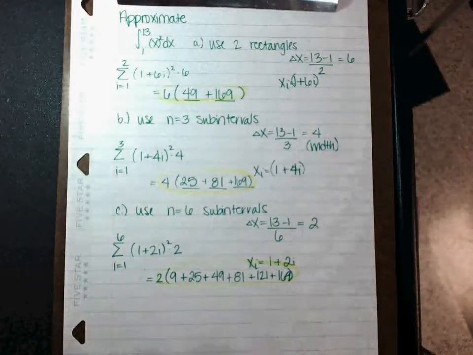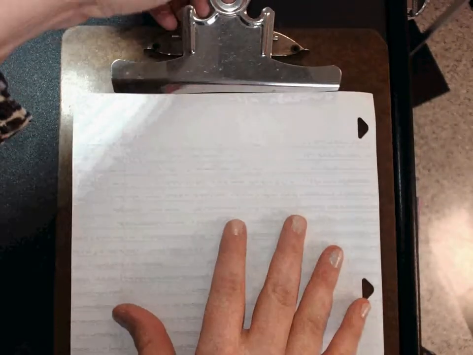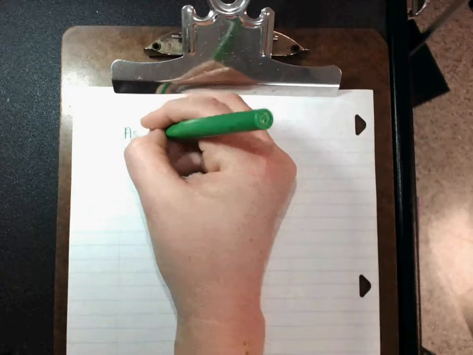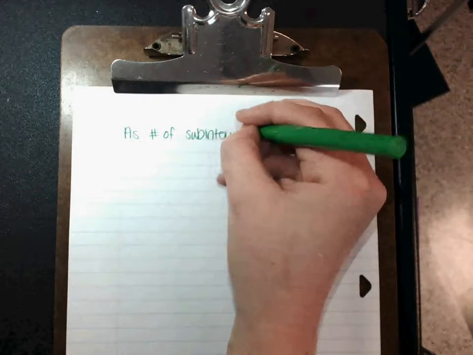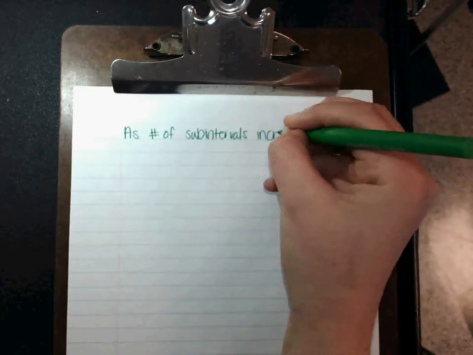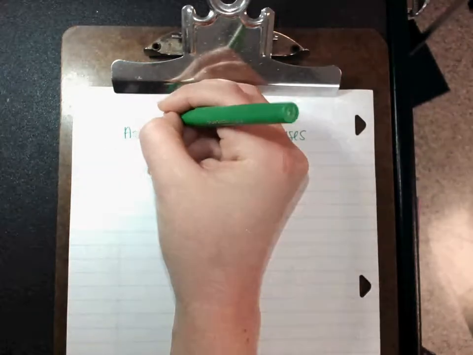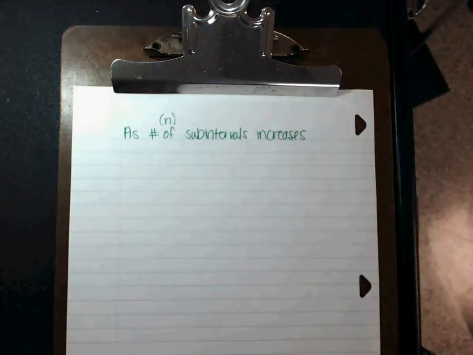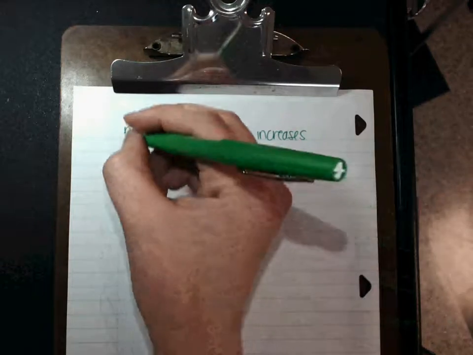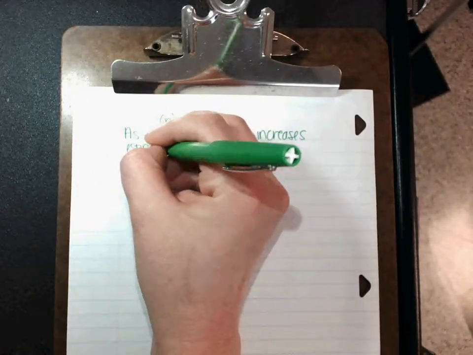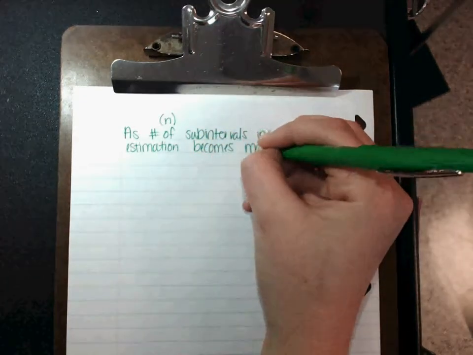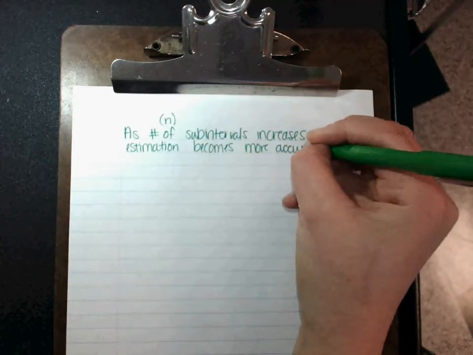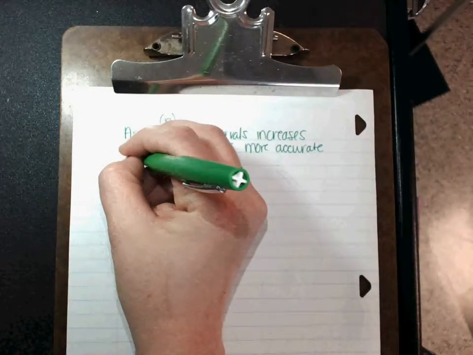As the number of subintervals increases, and if you want to put a number of subintervals, that's your n, your estimation becomes more accurate each time.